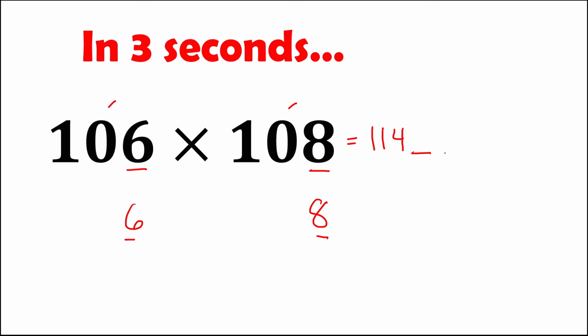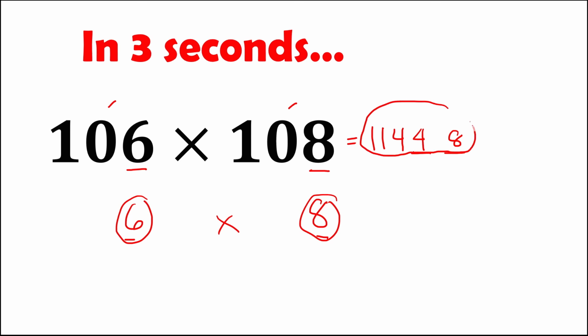Then the last two digits, so multiply this 6 times 8, this one is 48. So therefore this 106 times 108 is equal to 11,448.